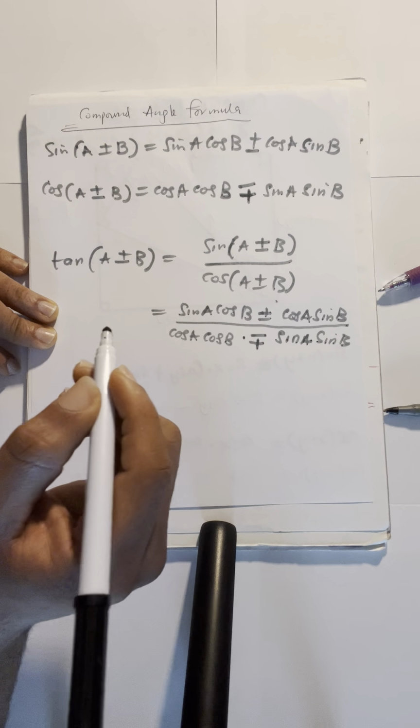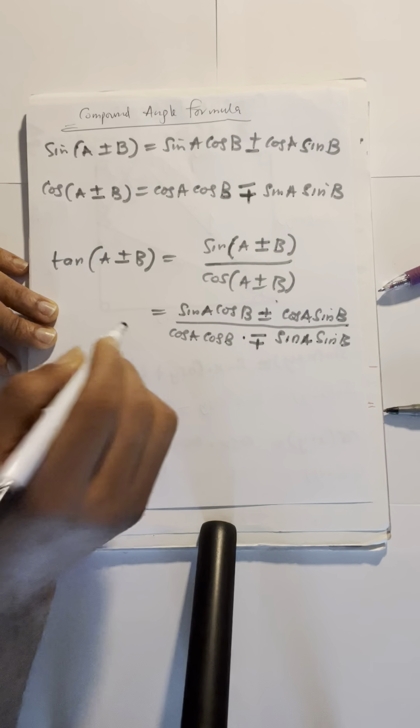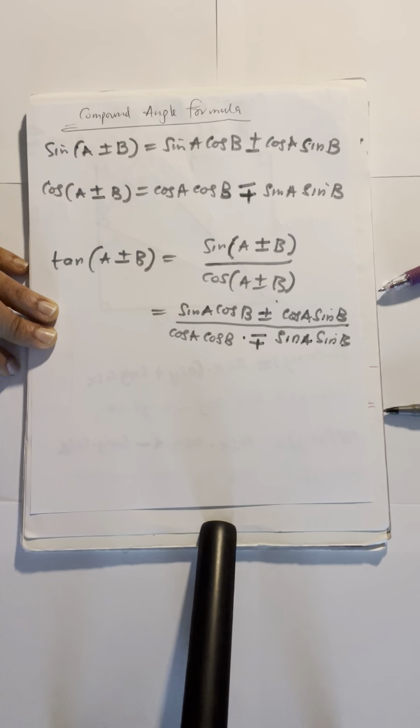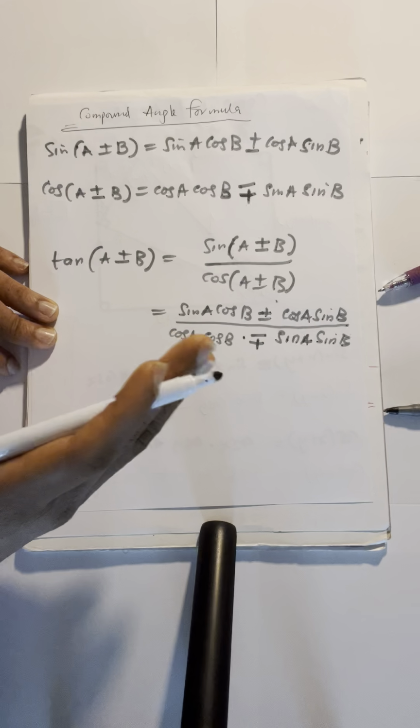We're also assuming that the two angles are both in the first quadrant, where they are all positive.